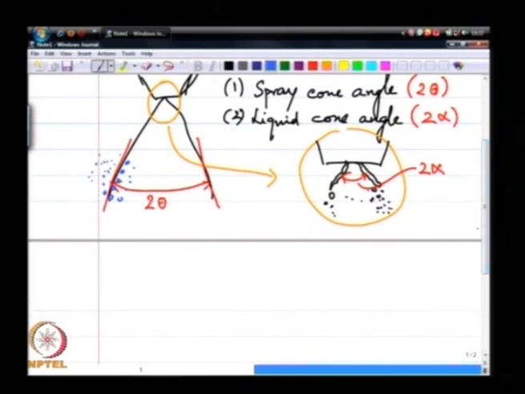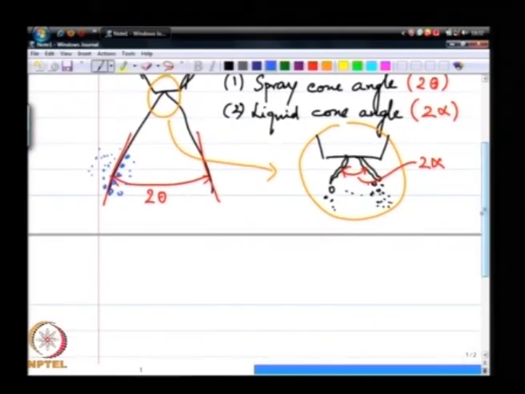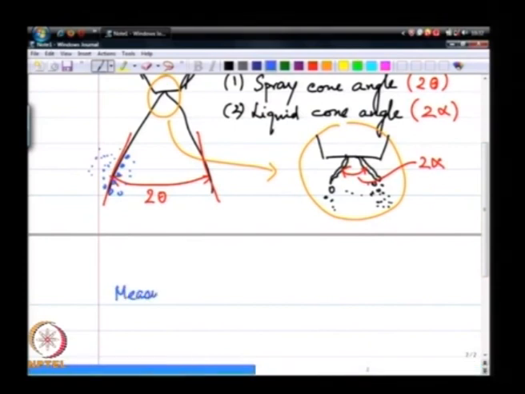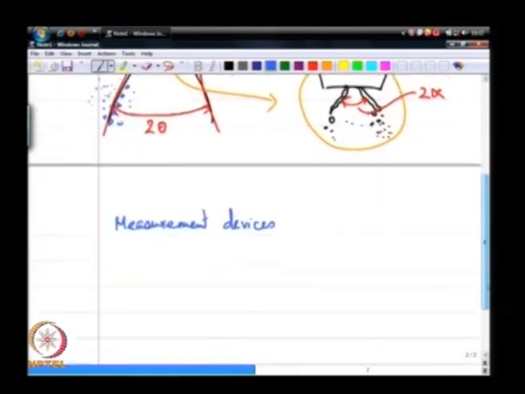But in the industry, typically one could use what is called a blade protractor. So, measurement devices for each of these can be measured with what is called a blade protractor.